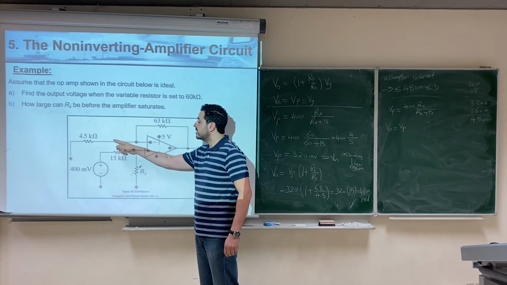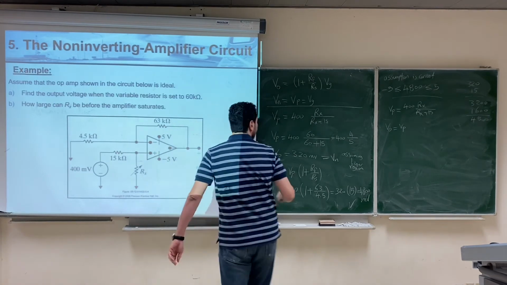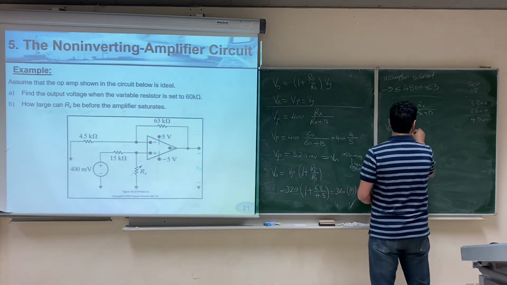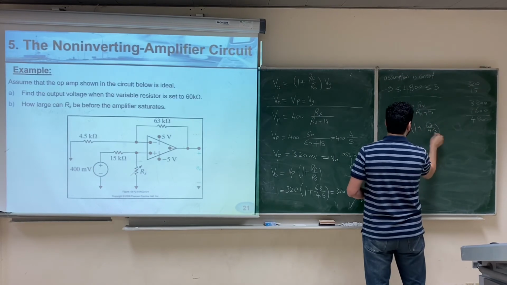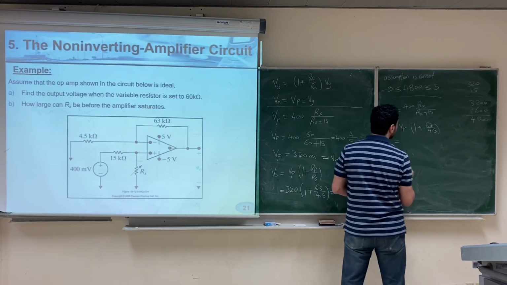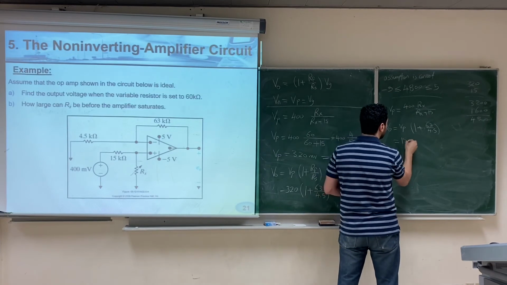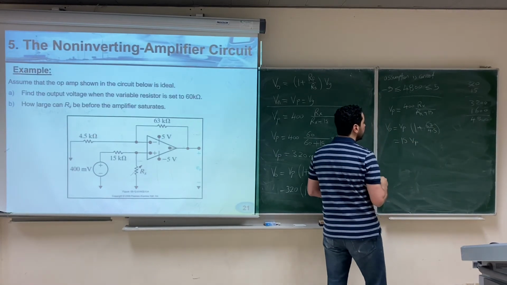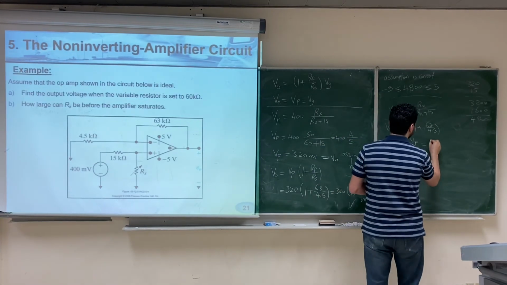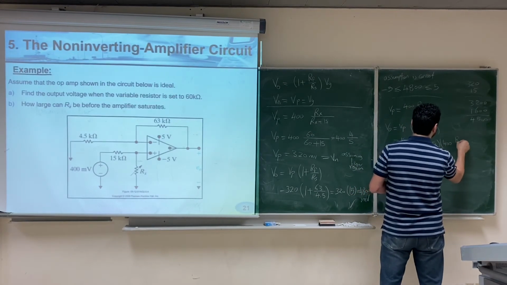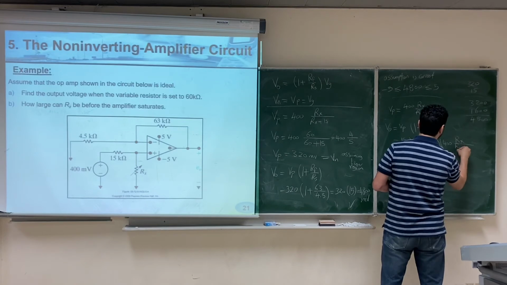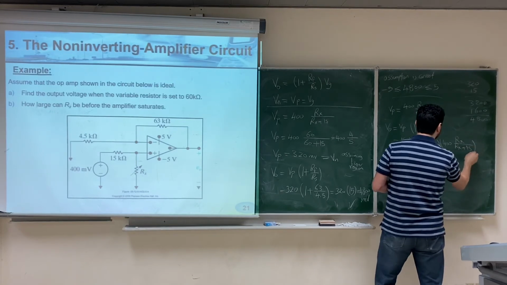1 plus 63 over 4.5, which we calculated to be 15. So V out equals 15 Vp. So V out equals 15 multiplied by 400 Rx over Rx plus 15.